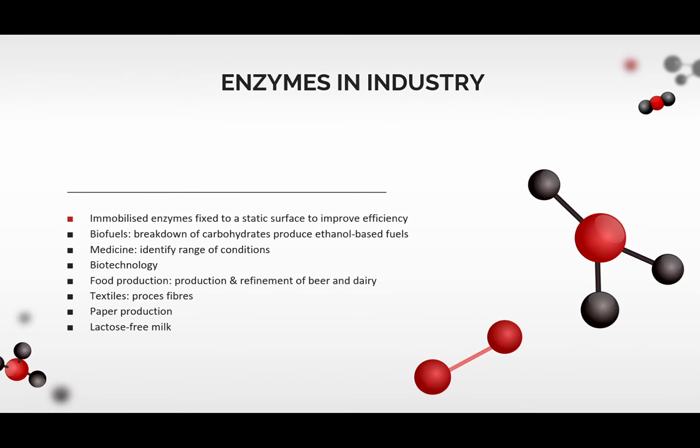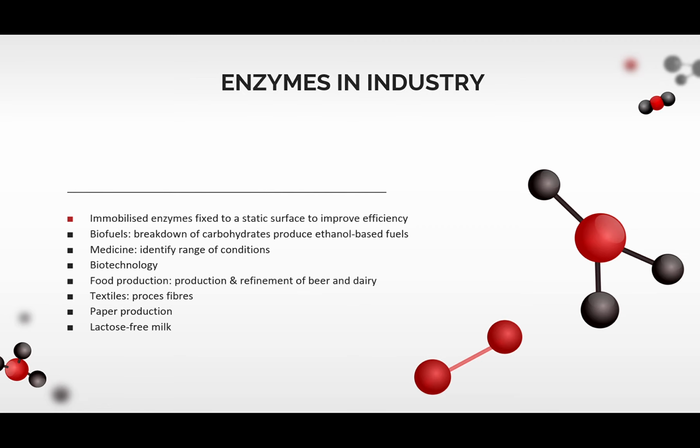Next up, we move on to enzymes in industry. For example, immobilized enzymes are fixed to a static surface to improve efficiency. Those enzyme concentrations are conserved, and there's an easy separation of the product. An example in industry may be biofuels, which is the breakdown of carbohydrates to produce ethanol-based fuels.